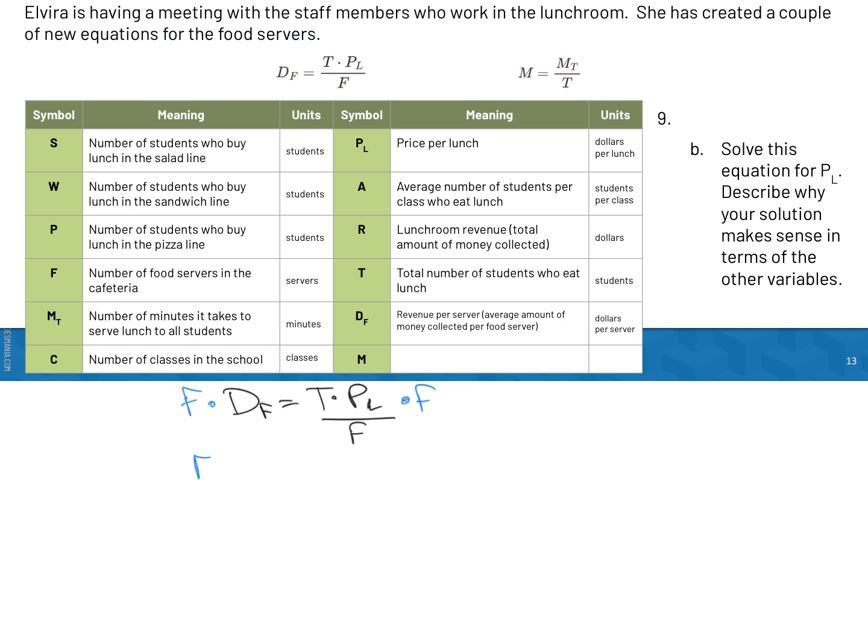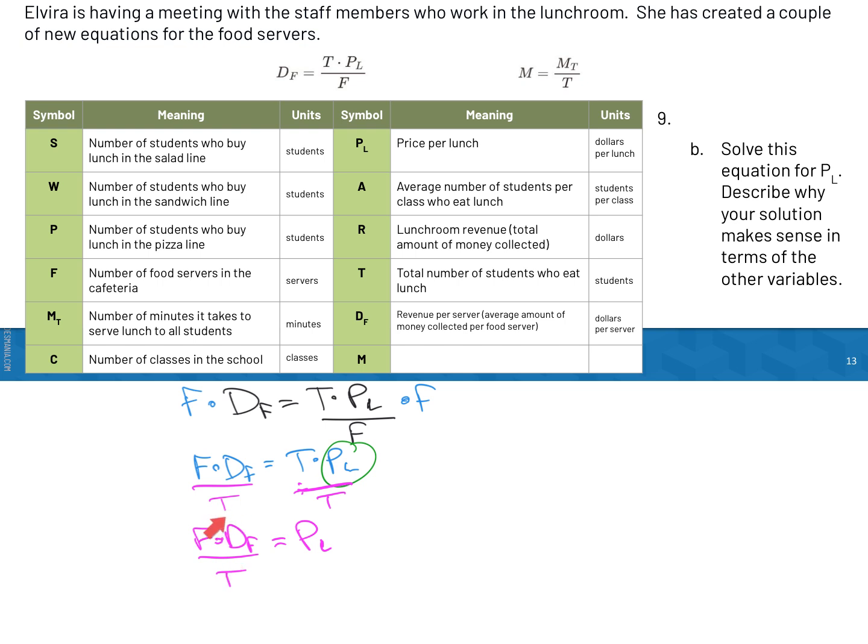Now we have F times D of F equals T times P of L. We want P of L by itself, so let's divide by T. So F times D of F, all divided by T, equals P of L. P of L is the price per lunch, F is the servers, D of F is the dollars per server, and T is the total number of students.